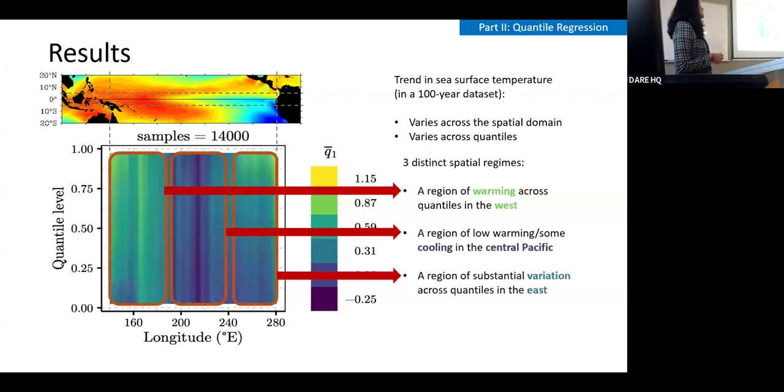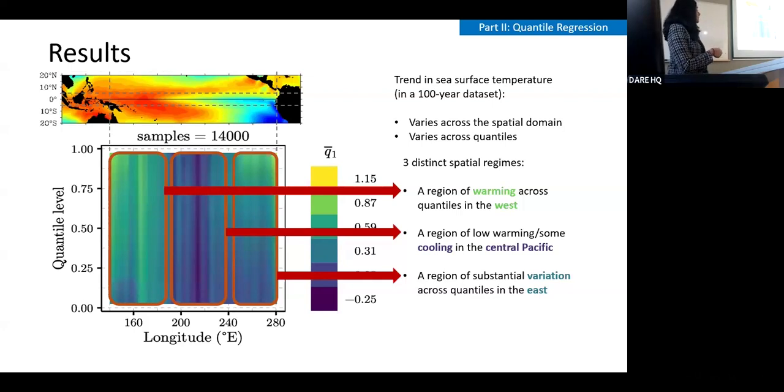So we saw that there's significant variation across the spatial domain, as well as variation across the quantiles of the distribution. So the y-axis is showing you the quantile level now. On the far left of the picture, or the west, there's a region of warming where the warming can be quite uniform across the quantiles. It's warming a lot more rapidly than the rest of the ocean, which is consistent with what we observe.